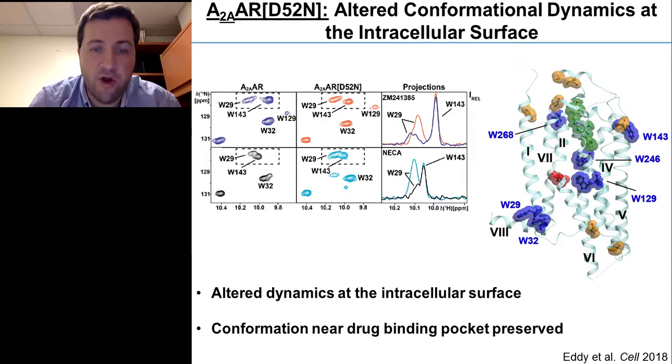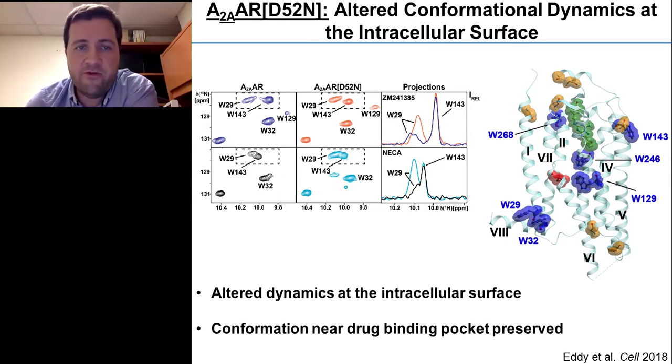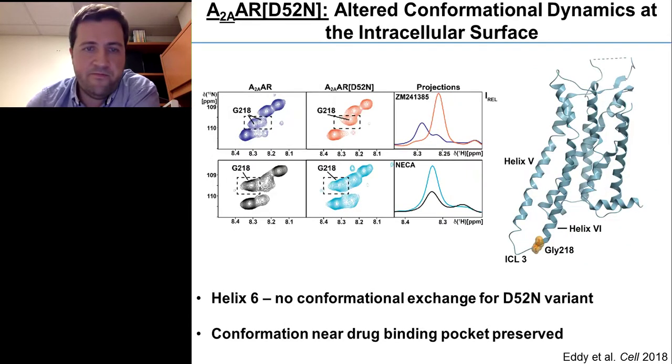We see a much larger and more intense signal for tryptophan 29 in the complex with the variant protein, indicating that we have altered dynamics at the intracellular surface. But the conformation near the drug binding pocket is preserved because we don't see differences for assigned signals on the extracellular surface.